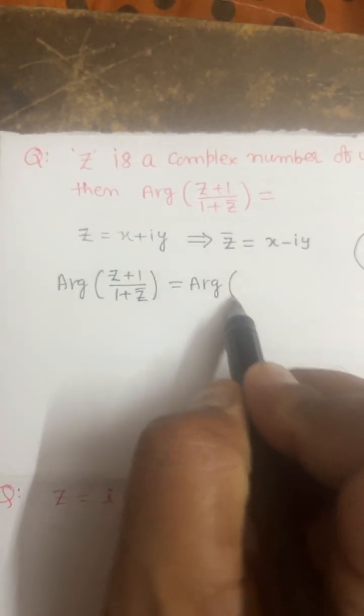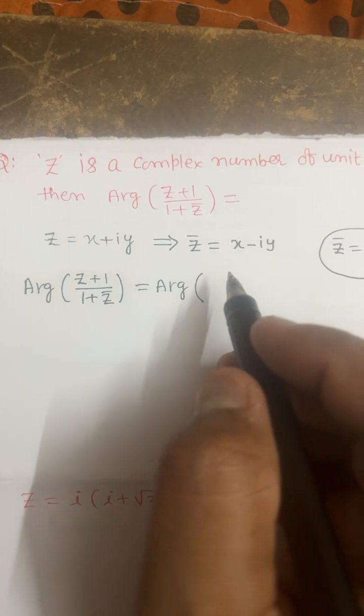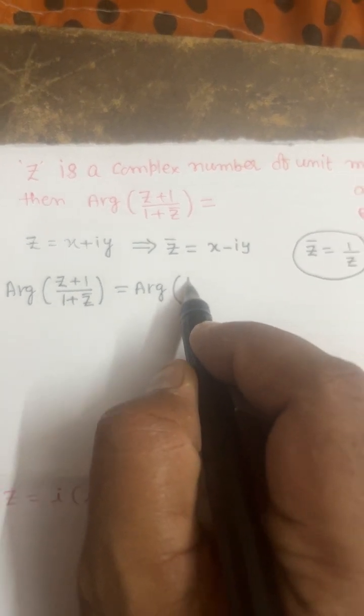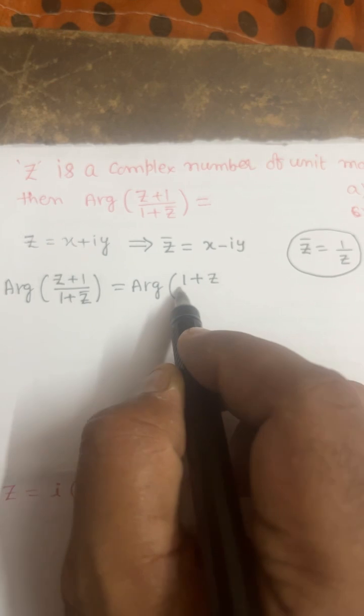So argument of, here I am taking 1 plus Z as it is in the numerator.